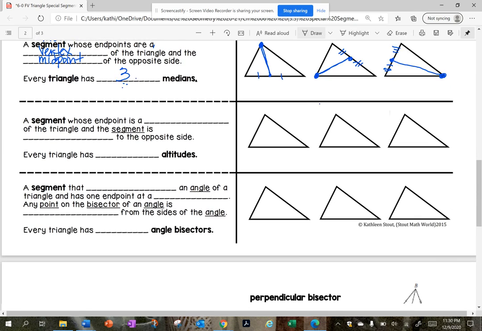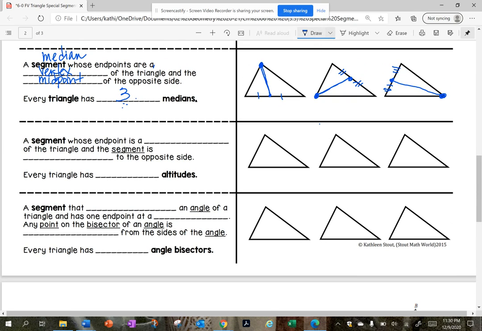Okay, next one is an altitude. This is a segment whose endpoint is a vertex of the triangle, and it is perpendicular to the opposite side.